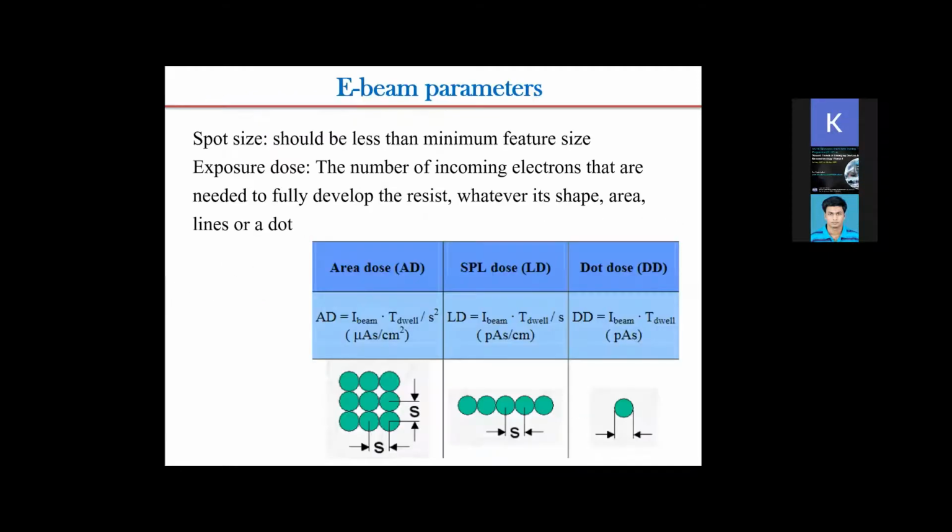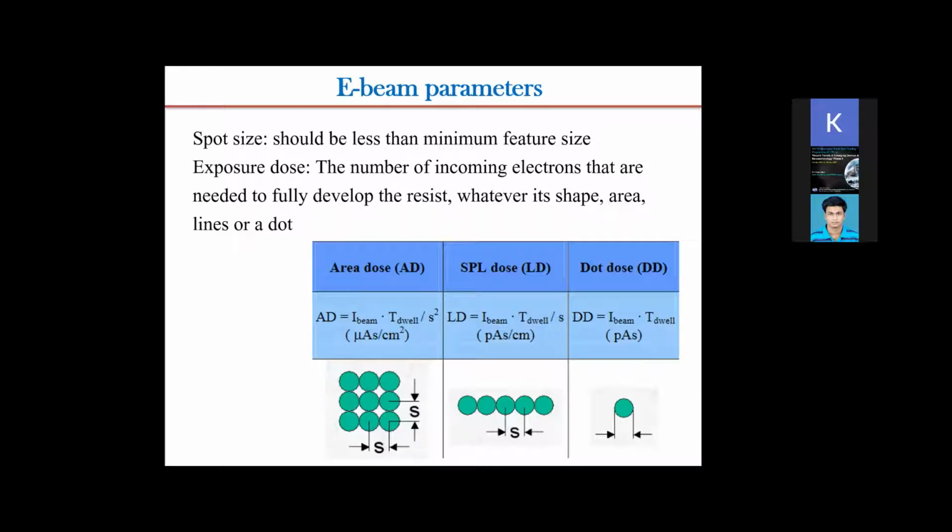Okay. Now comes the parameters, because obviously whenever you are doing lithography, you are working with the beam. Some of the parameters that you can play with is mostly the spot size. If you have to go for a very small dimension, obviously you have to go for the minimum spot size. Otherwise, you cannot achieve that.